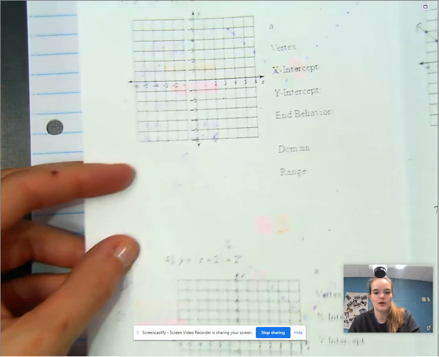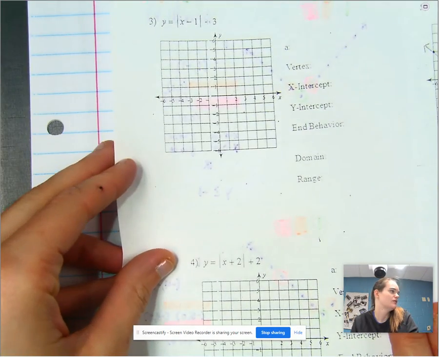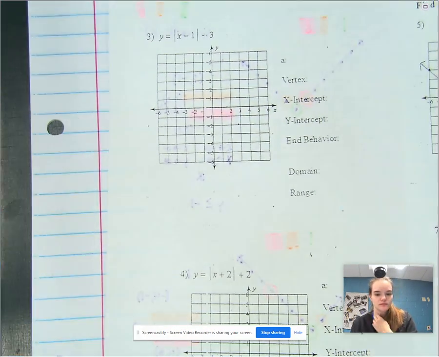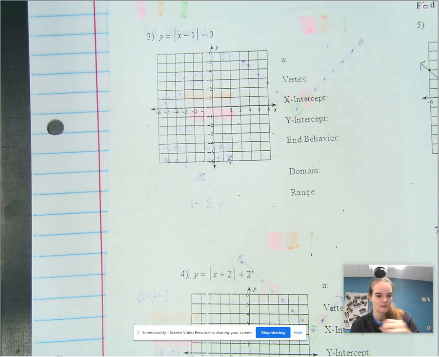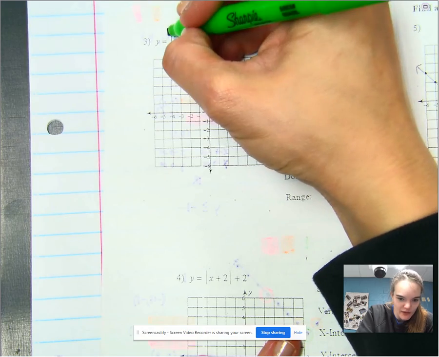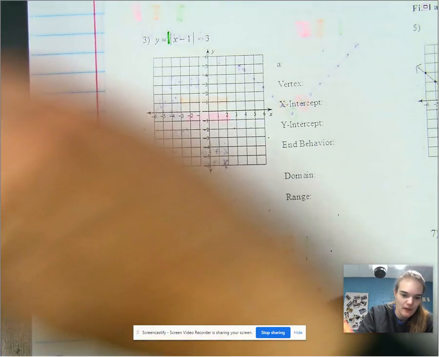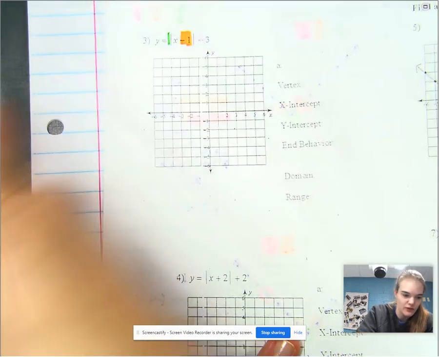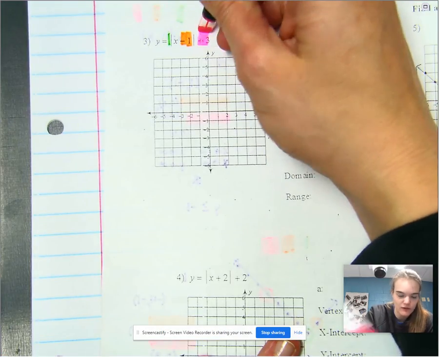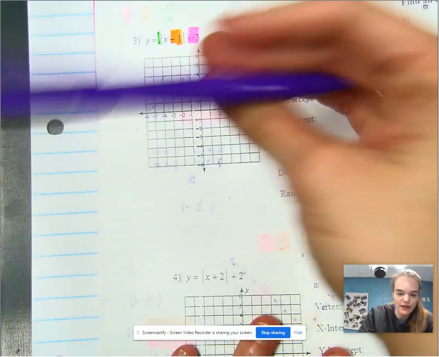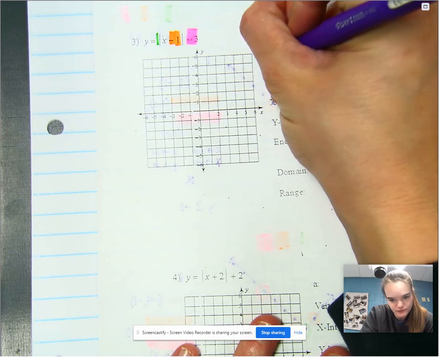All right, I want you to pause the video and try 3 and 4. Okay, now that you've paused it, still identifying A and the vertex first. A is 1. That actually is true all day.